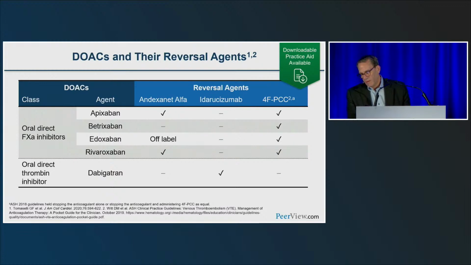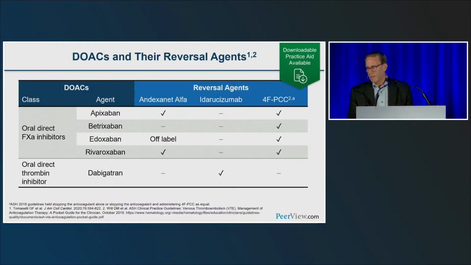So other than warfarin, the anticoagulants that we deal with the most are really apixaban and rivaroxaban, some edoxaban, betrixaban. It's kind of a weird one-off. It was actually made by the same company that made the reversal agent, Andexanet, but not broad adoption.